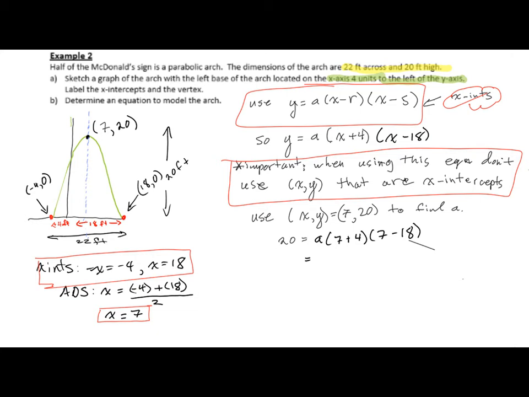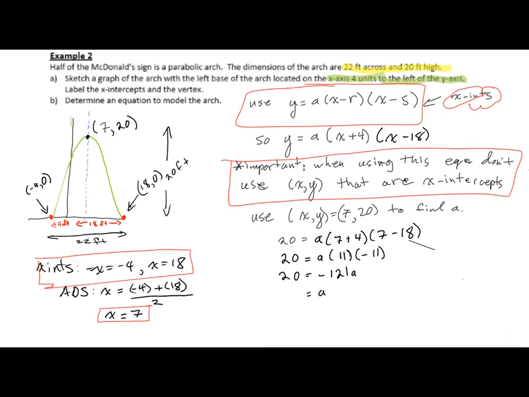20 equals a bracket 7 plus 4 bracket 7 minus 18. So we're going to end up with 20 equals a times 11 times -11, which when we take our -11 and +11, multiply them together, we're going to get the following. -121a is 20.